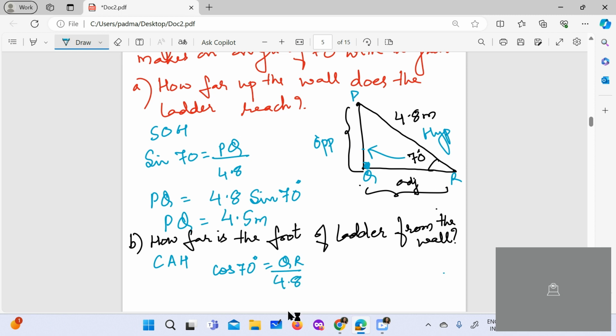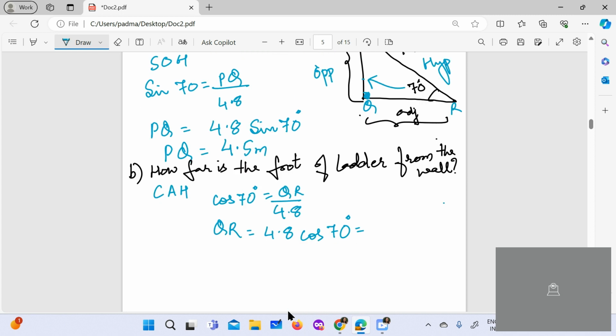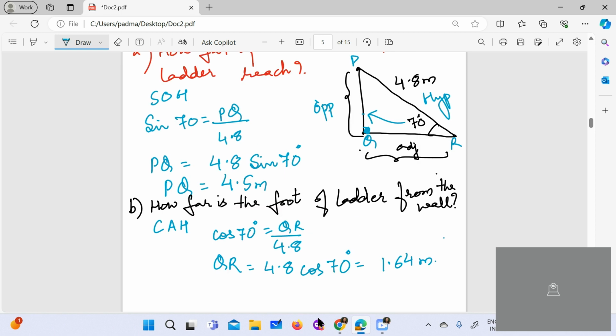Then we can cross multiply, and hence you get QR is equal to 4.8 cos 70 degrees. Plug in all the values in your calculator very carefully and you will get 1.64 meters. I hope this is clear to everyone.